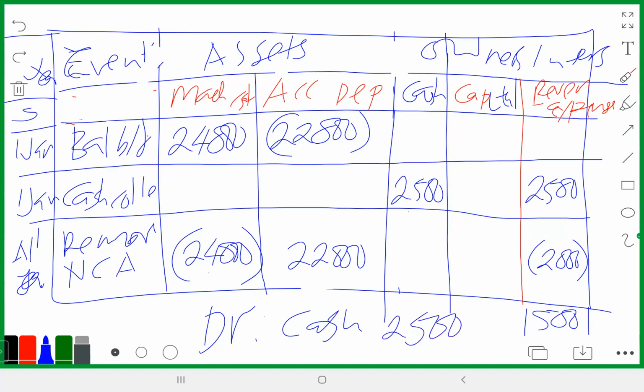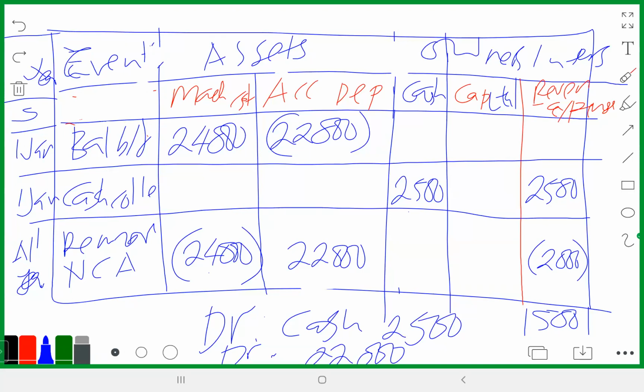The money that you sell the asset for. At the same time, you will debit the income statement with the accumulated depreciation, the 22,000. Yes, the 22,000 is debited.